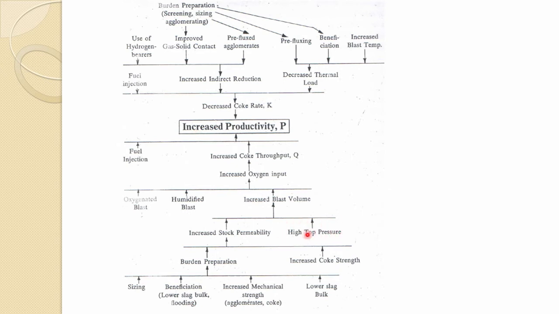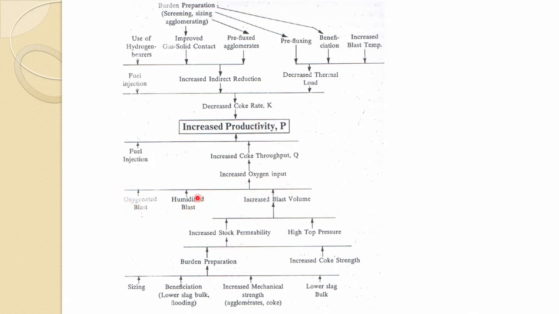High top pressure is also one of the things we will discuss a little bit again, and that high top pressure actually leads to an increase in blow volume in the blast furnace. So that certainly is going to increase the coke throughput and increase the productivity.